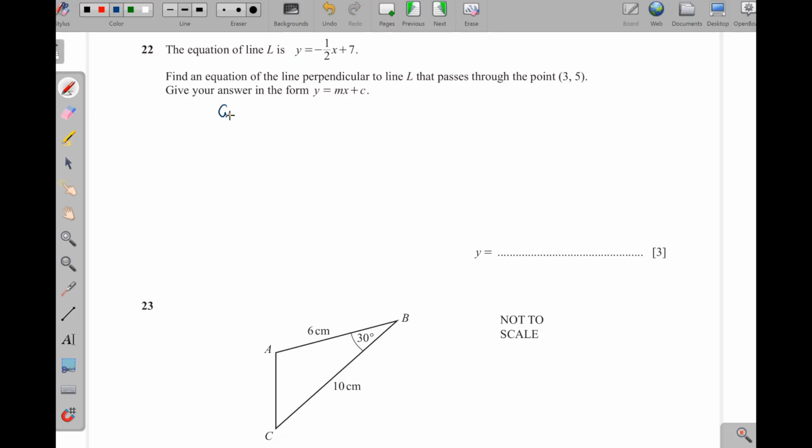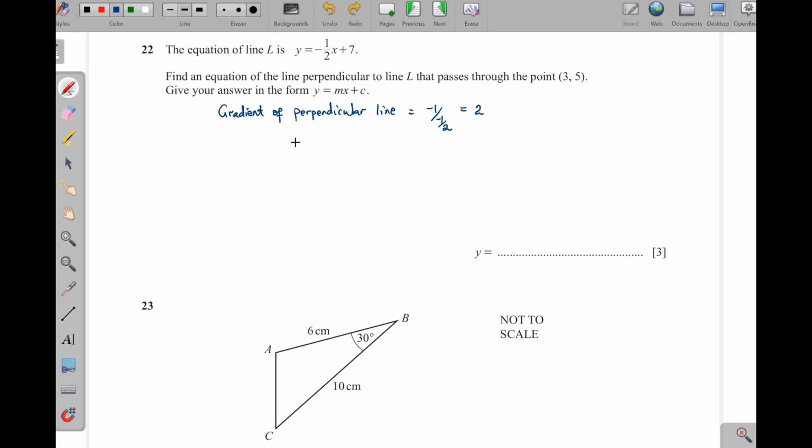So the gradient of the perpendicular line shall be equal to -1 divided by the gradient of this one, which is -1/2. So here we shall get a 2 because this one will somersault and then comes there. But a negative divided by a negative is a positive.